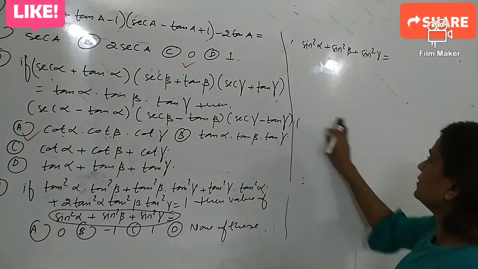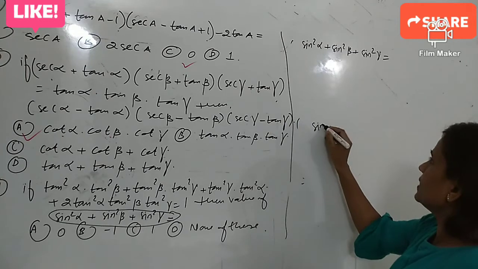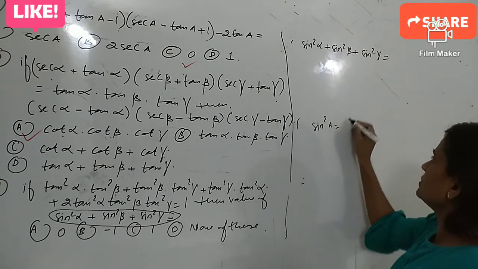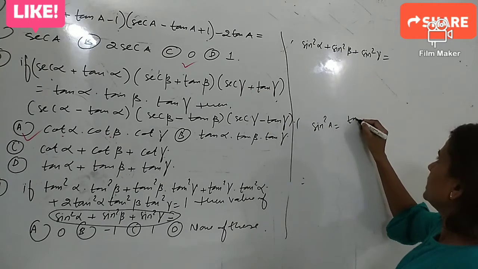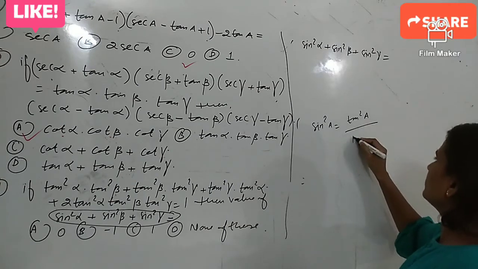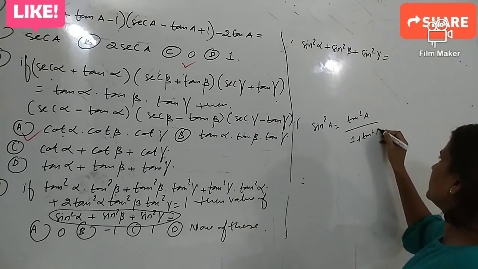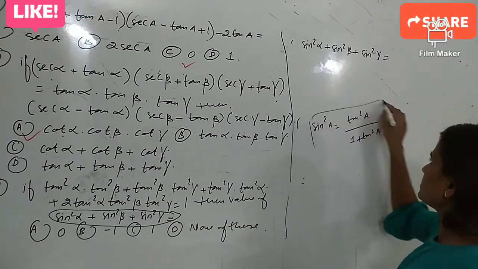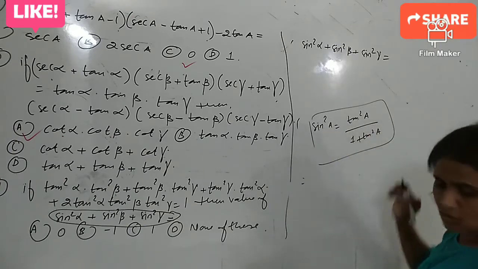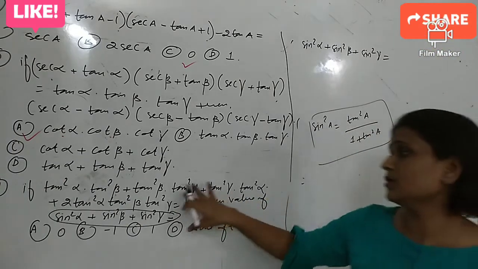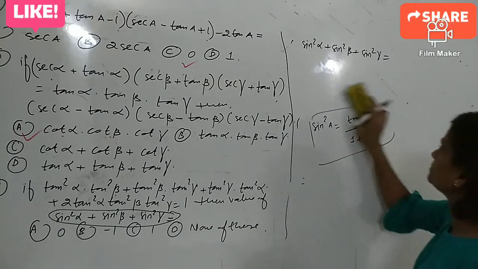So how can I write it? There is a formula that sine square a is equal to tan square a divided by 1 plus tan square a. So I'm writing this sine square value in terms of tan square, because I have the expression in terms of tan square.